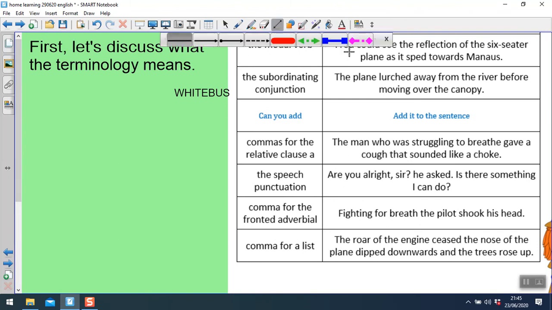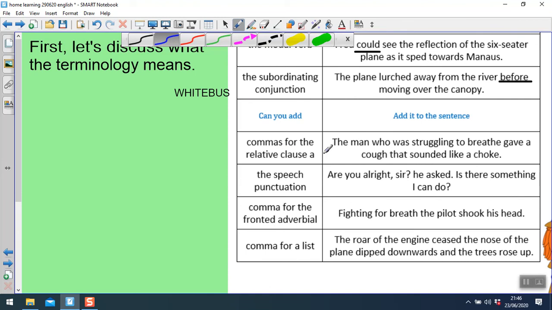Okay, the modal verb is could, and all the modal verbs include must, shall, will, should, would, can, could, may, and might. The subordinating conjunction, that is before. Okay, next, can you add commas for the relative clause?